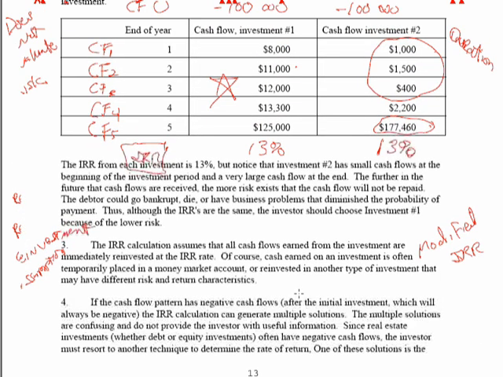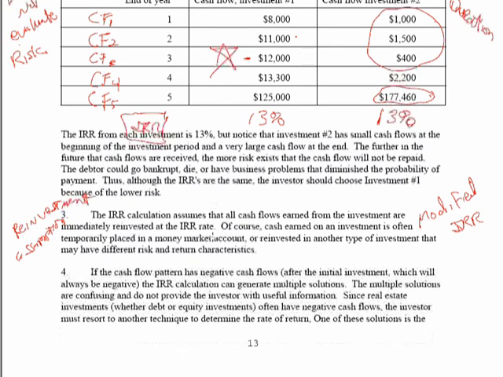In this example, if the year 3 cash flow in investment 1 was a negative 12,000, mathematically there are going to be 2 roots, or 2 IRRs, to solve this problem. We really don't know what the true IRR is. The calculator might spit out an IRR, but it's not necessarily the correct IRR, because mathematically there are 2 solutions.